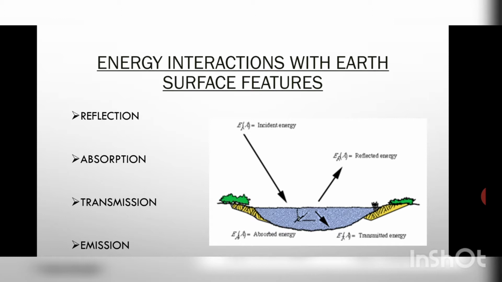And emission occurs when the radiation which was previously absorbed by the surface is re-emitted or released in the form of electromagnetic waves. Now, in this diagram, EI represents the incident energy, ER represents the reflected energy, EA represents the absorbed energy, and ET represents the transmitted energy.